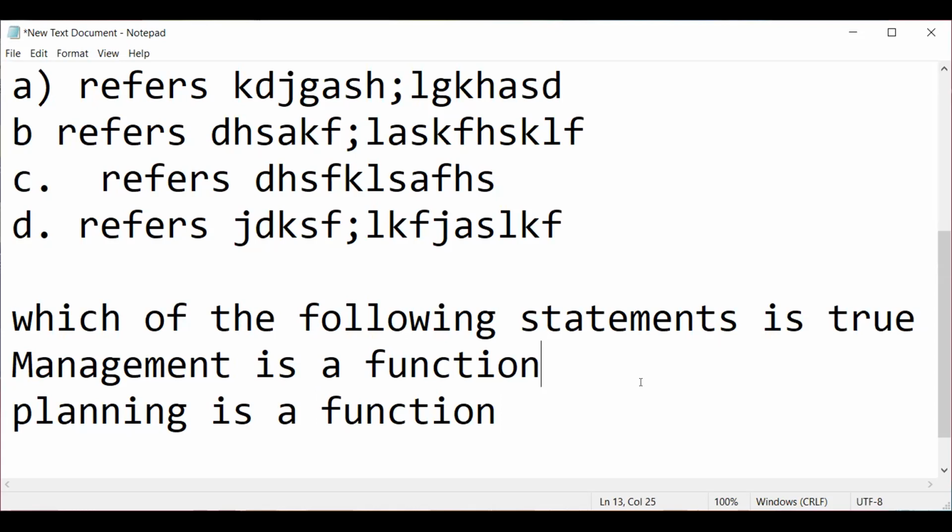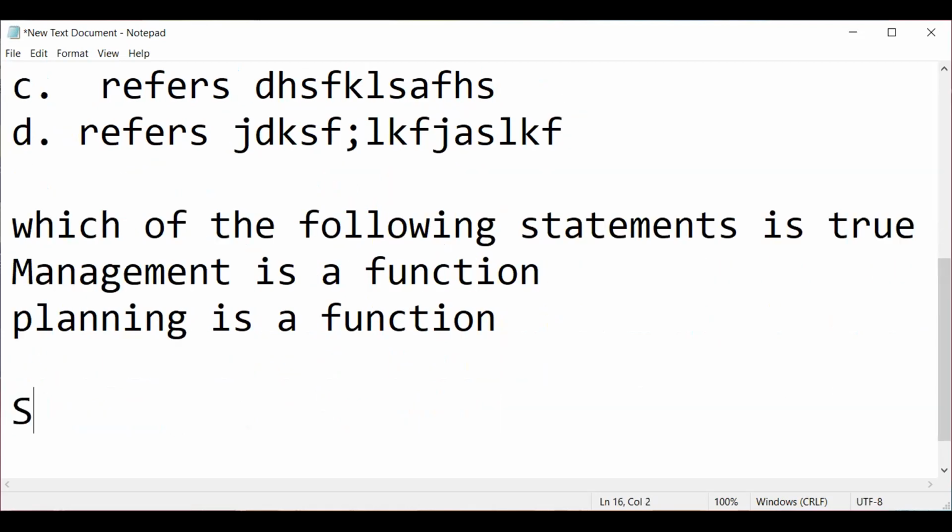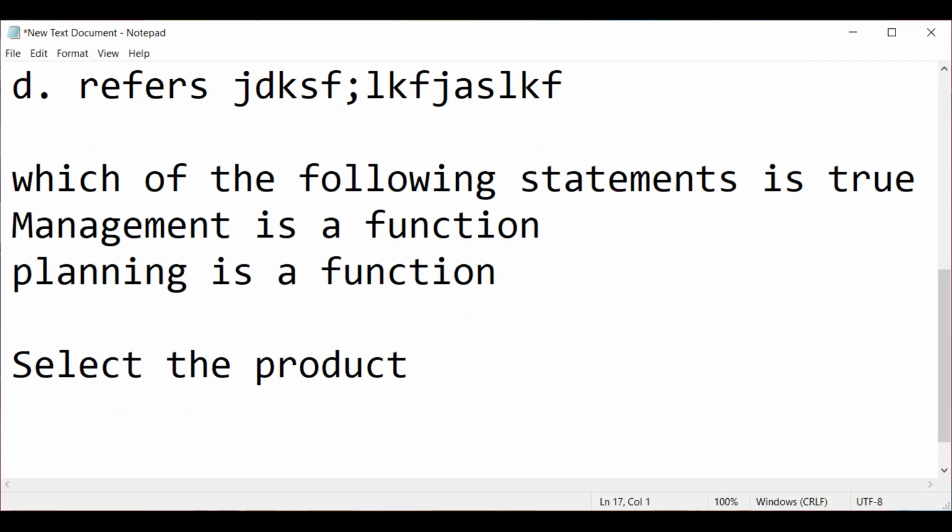When you are writing any response or options, it should follow certain principles. Say, for example, select the electronic product.